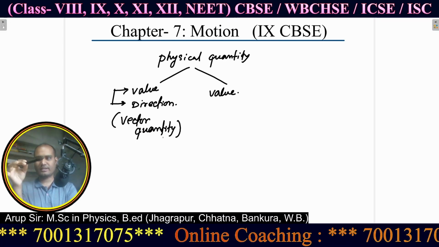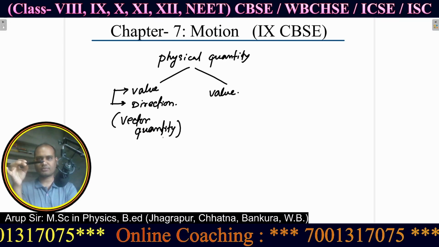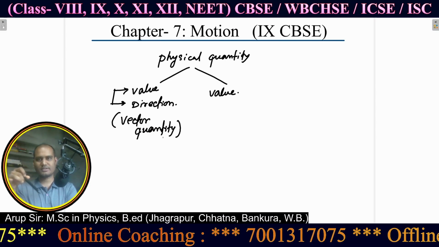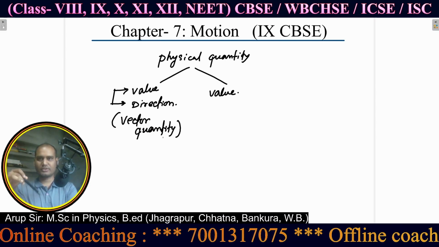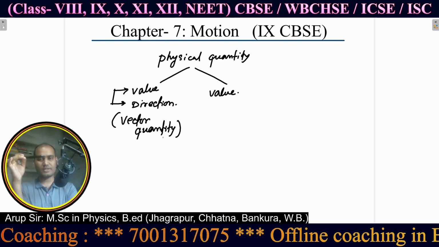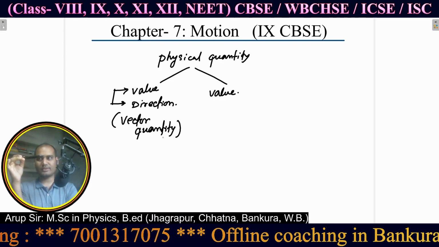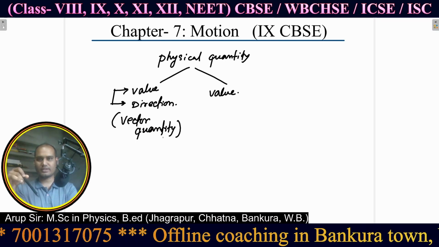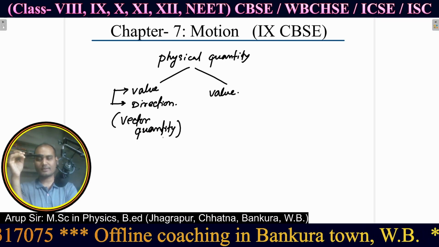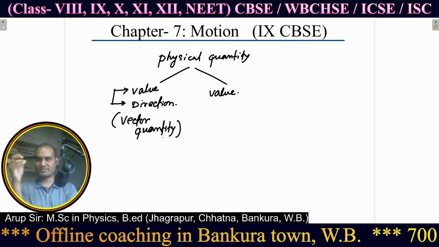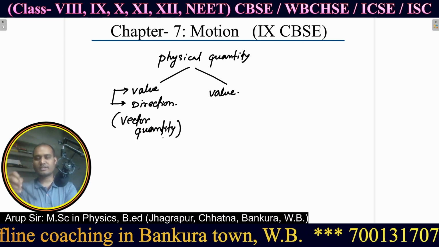Now if I leave it from this position, what will happen? It will drop, right? It will go downward. So now it has some direction. What is the value? The value is 50 gram and it is going downward.